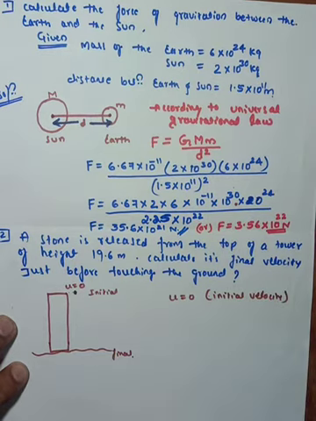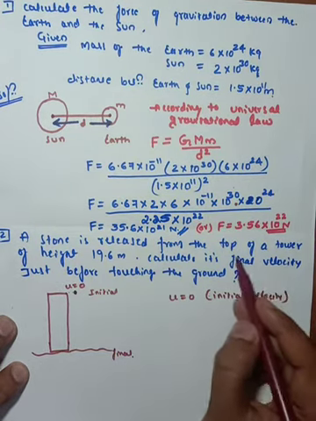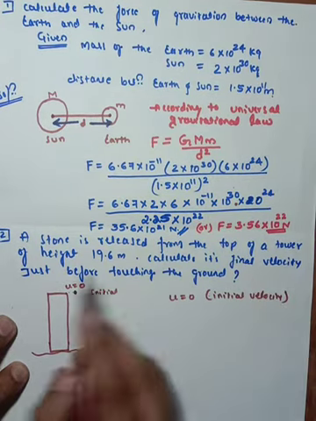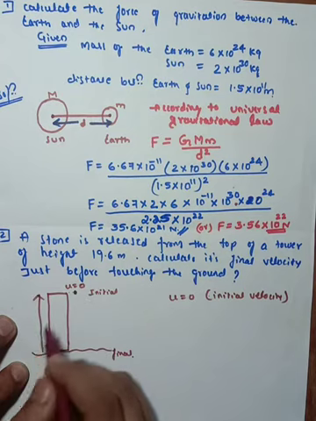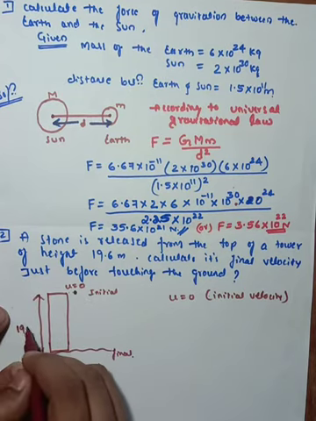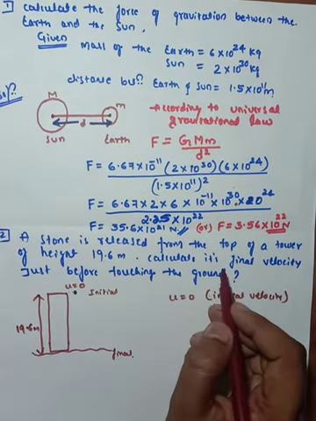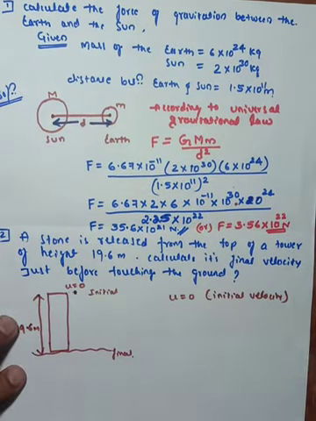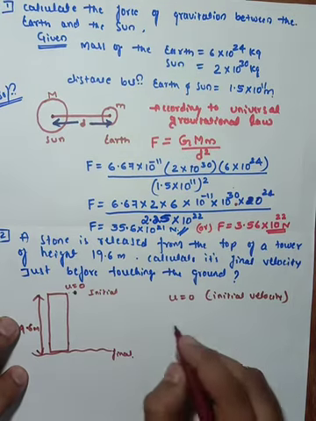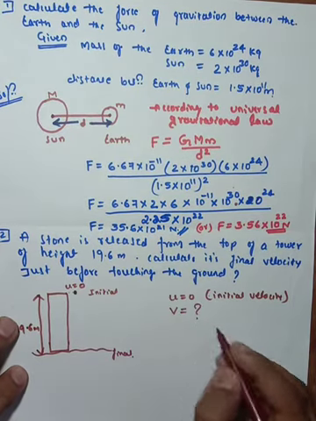Then the height of the tower is given, that is 19.6 meter. Calculate its final velocity. I want v, how much.